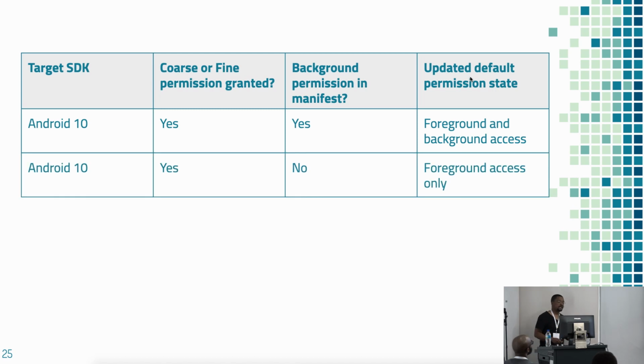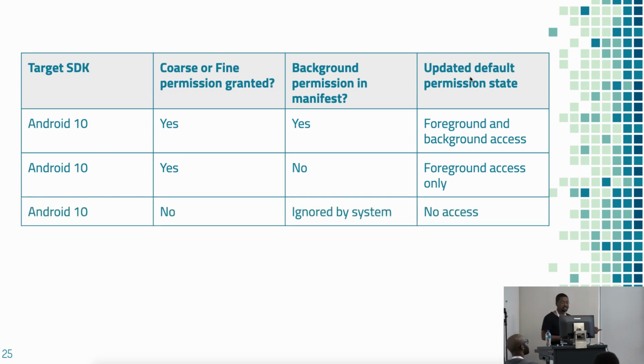If your app targets Android 10, the coarse or fine location is granted, and you do not have the background permission in your manifest, you will only get foreground access. If you're targeting Android 10, the coarse or fine permission is not granted, and background access is not in the manifest, it'll be ignored by the system, and you will not have access.